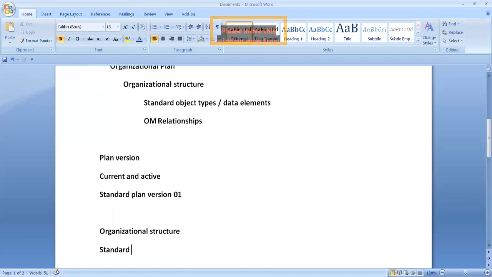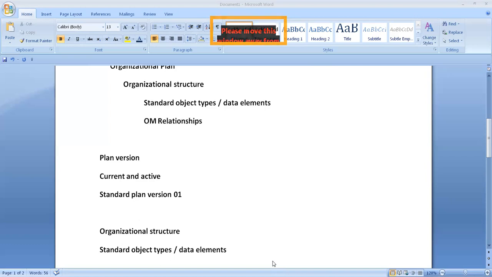Standard object types, which you can also call data elements. In the PA module also, we have discussed standard object types and data elements.